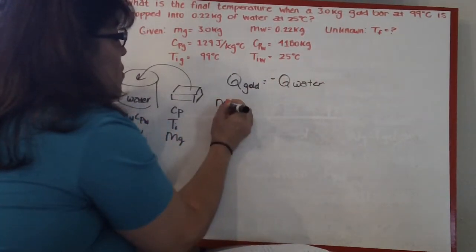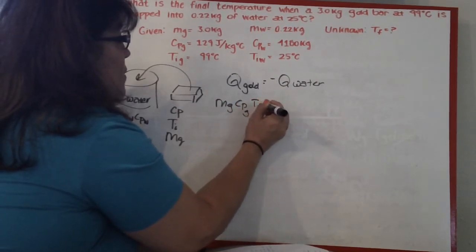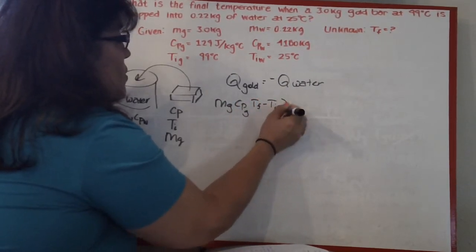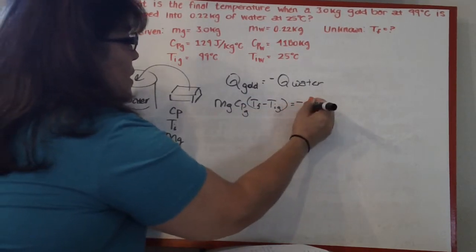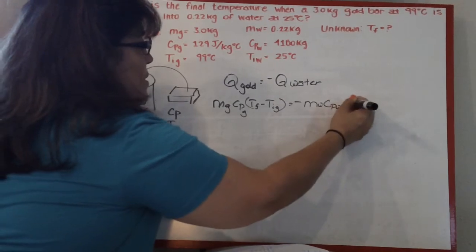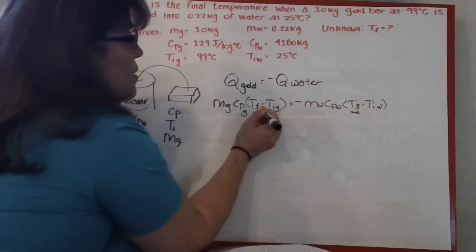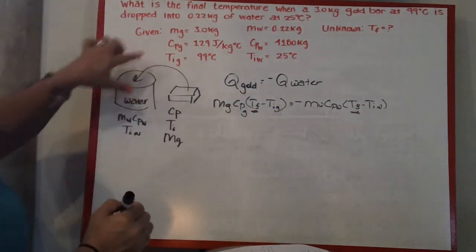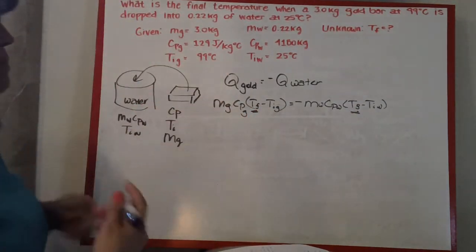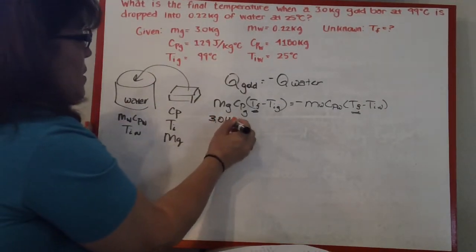So we have M of the gold, CP of the gold, and T final minus T initial of the gold. And this is going to equal negative mass of the water, CP of the water, and T final minus T initial of the water. This T final and this T final are the same because the gold and the water are going to be one thing. Okay, so we know the mass of the gold is 3.0 kilograms.